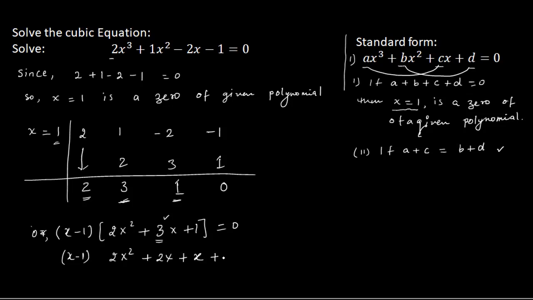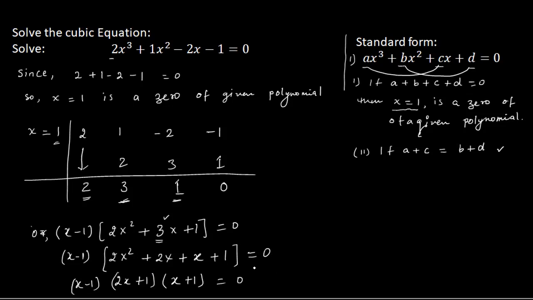So 2x square plus 2x plus x plus 1 equals 0. This can be written as 2x plus 1 into x plus 1 equal to 0.